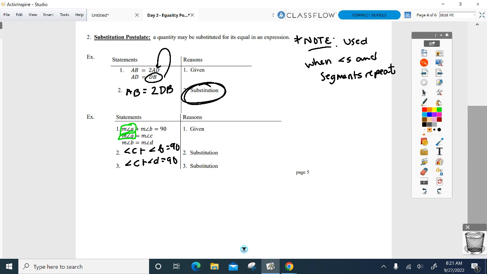So problem number 5 is given, substitution. That's it. There's no third step there. The only time you need to add is when you're putting things together to get the proof statement. If you see repetition, it's probably going to be substitution only.